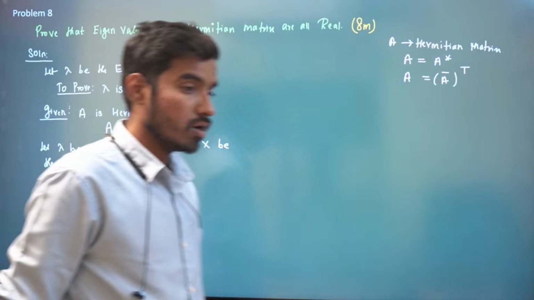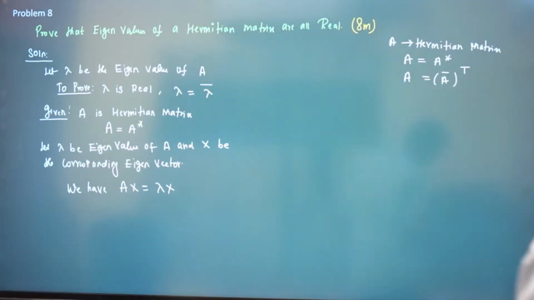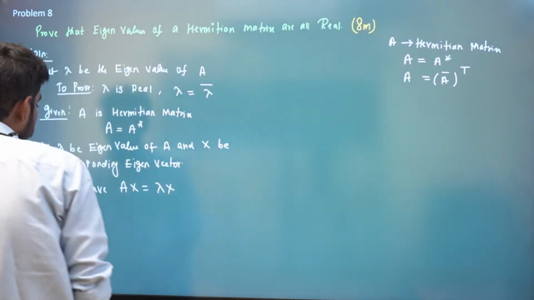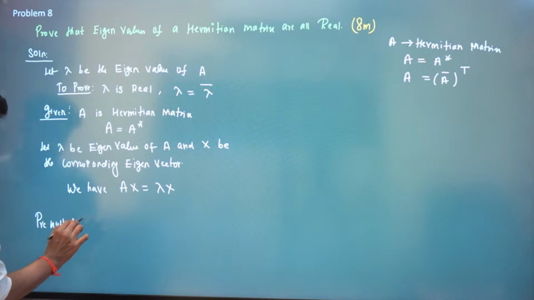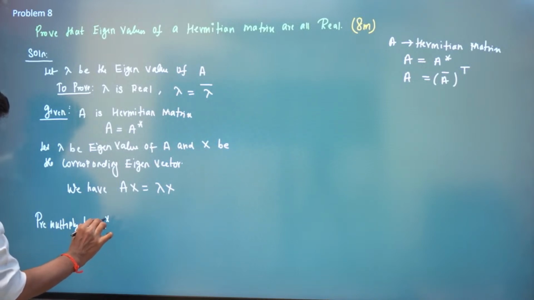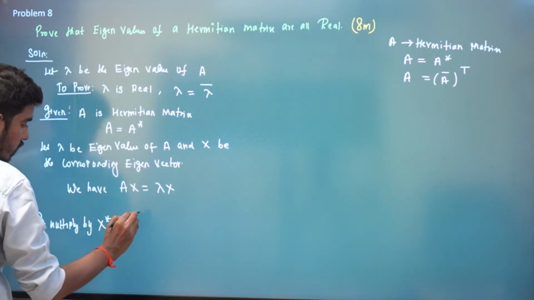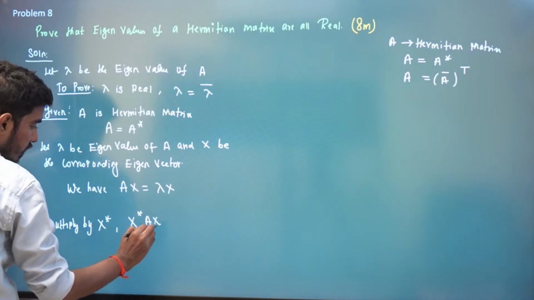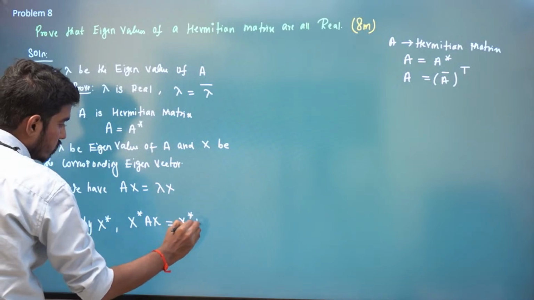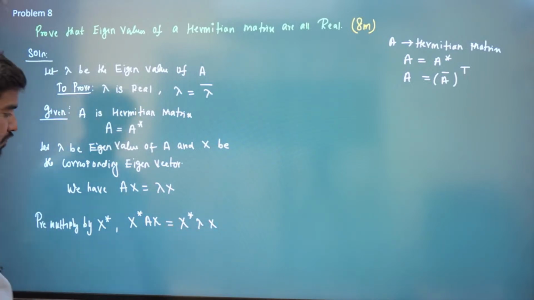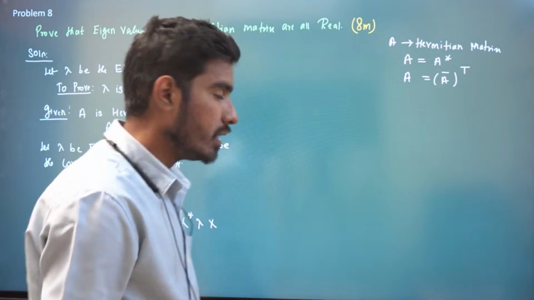Is it clear up to now? So what do I need to prove? I need to prove this number lambda is a real number, right? Okay, so what I'll do is pre-multiply by x star. So we have x star Ax is equal to x star lambda x.